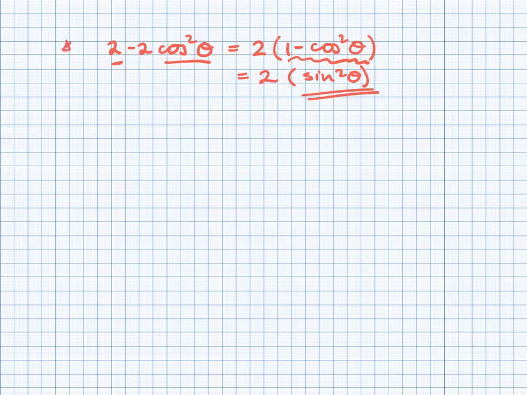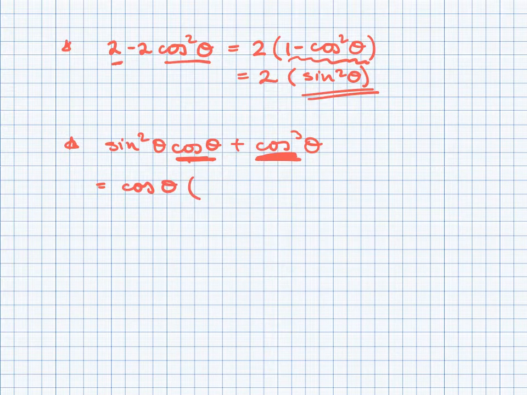Let's have a look at another one. If we have sine to the power of 2 theta cosine theta plus cosine to the power of 3 theta, again, if you want to simplify, we're looking for any common factors. We can see that both terms have cos theta. This one actually has 3, but this side has only 1. So cos theta is common.